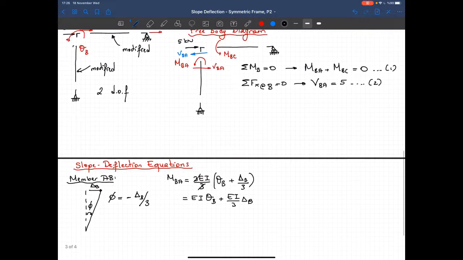I also need to calculate the shear force. So if I take moment with respect to that point, 3 times VBA should be equal to MBA, or we can just say that VBA is equal to MBA divided by 3. So VBA will be equal to EI over 3 theta B plus EI over 9 delta B. Okay, now I have to write the slope deflection equations for member BE.